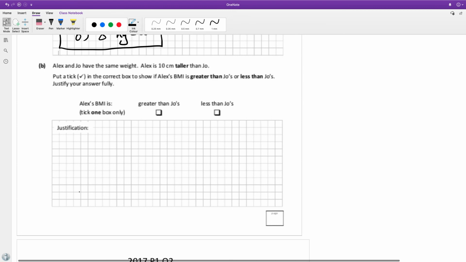Right, part B. What you reckon? Let's look at it.